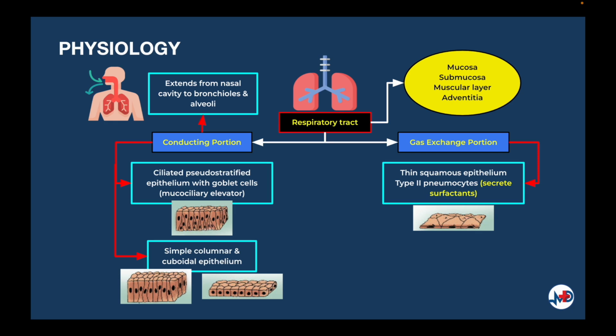The conducting portion is mainly lined by ciliated pseudostratified columnar epithelium with goblet cells, which acts as the mucociliary elevator. Gradually, as it goes down along the respiratory tract, simple columnar and cuboidal epithelium takes over. The gas exchange portion is lined by thin squamous epithelium and type 2 pneumocytes, which secrete surfactants.